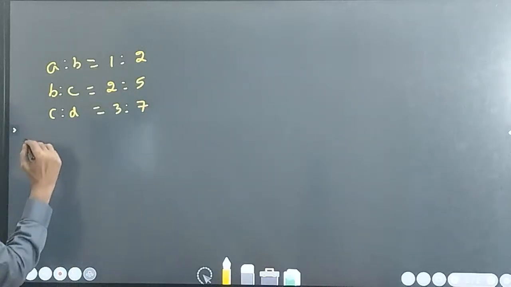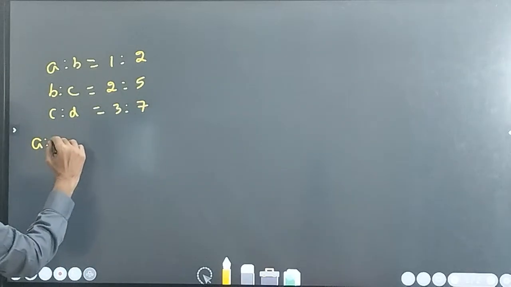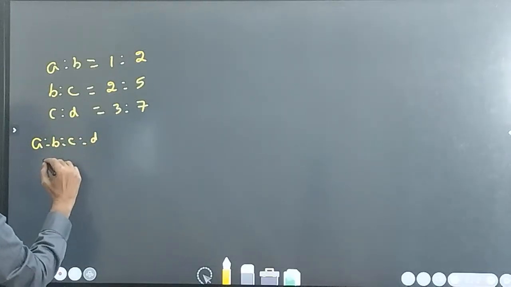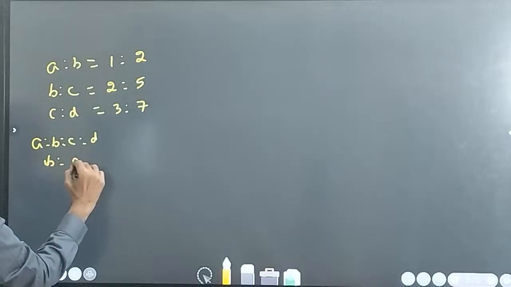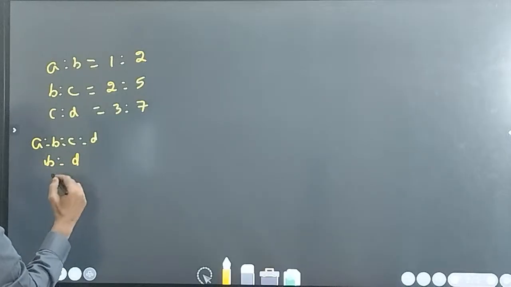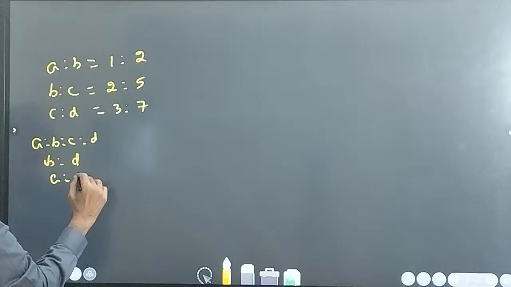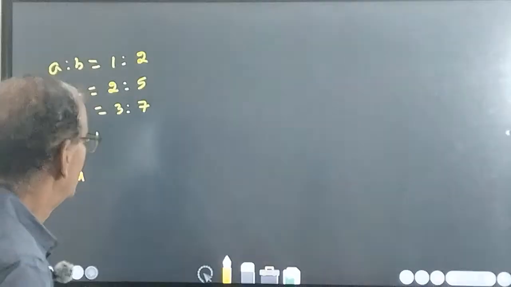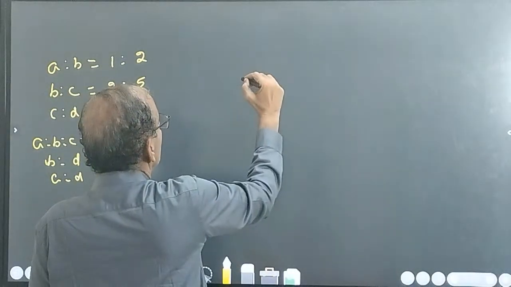Suppose they ask what is A is to B is to C is to D, or B is to D, or anything, A is to D. After giving 4 numbers, they can ask anything. In that case, what do you do? Down cross down will not work out.